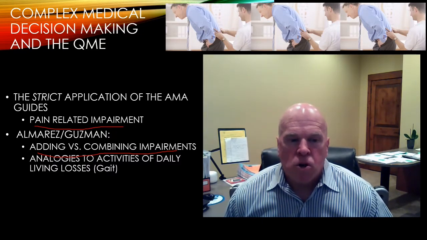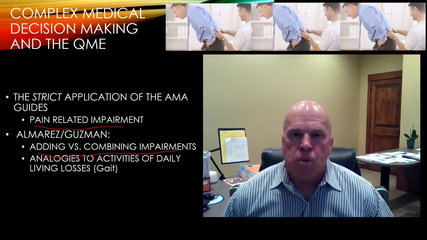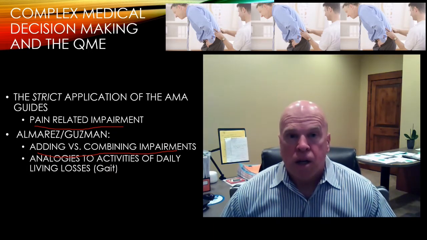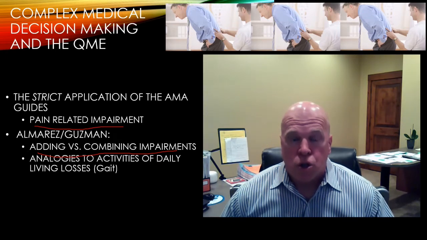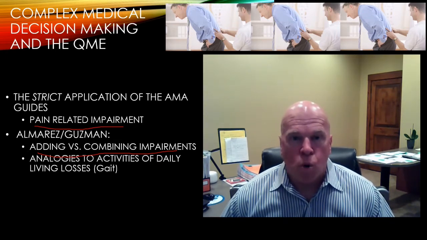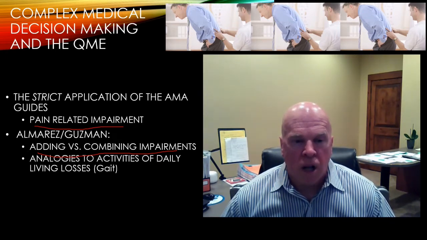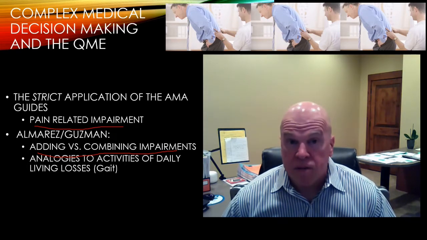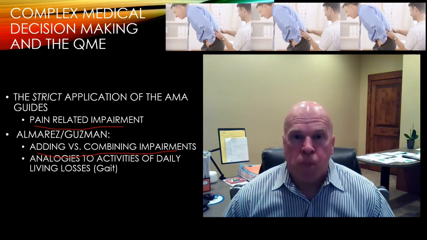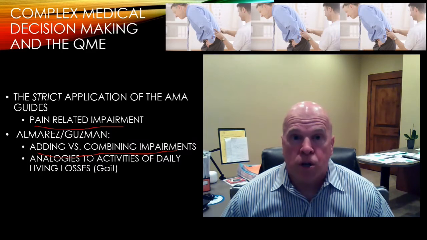And then we want to talk about permanent impairment ratings that are created by analogy to conditions that have same or similar losses for activities of daily living. And this is an impairment rating method upon which you're going to rely greatly in the future.